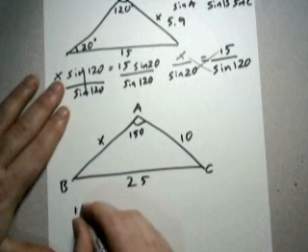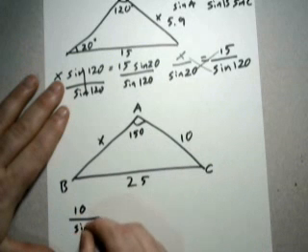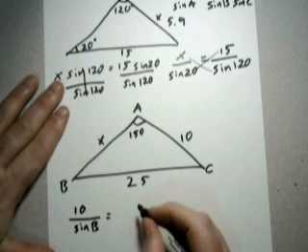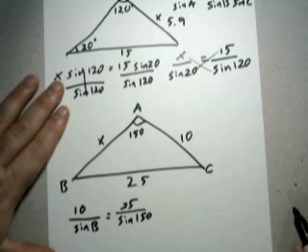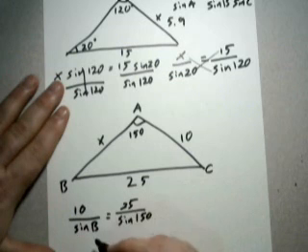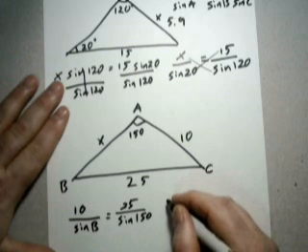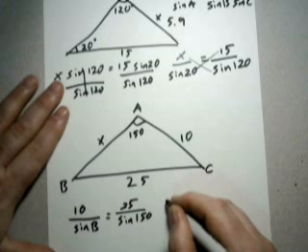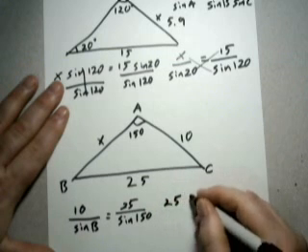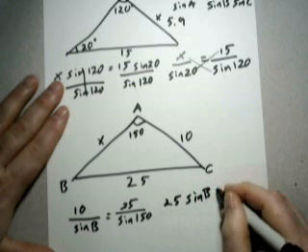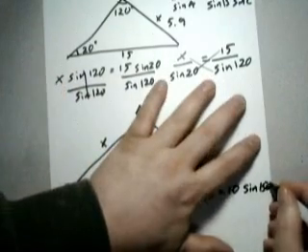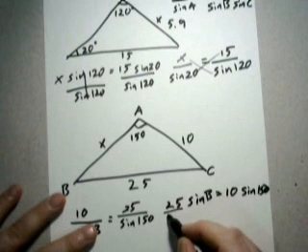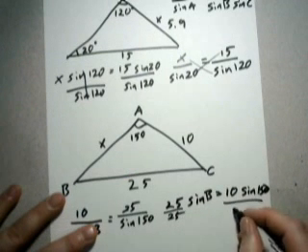So I've got 10 over the sine of B is equal to 25 over the sine of 150. 25 times the sine of B equals 10 times the sine of 150. Divide both sides by 25.